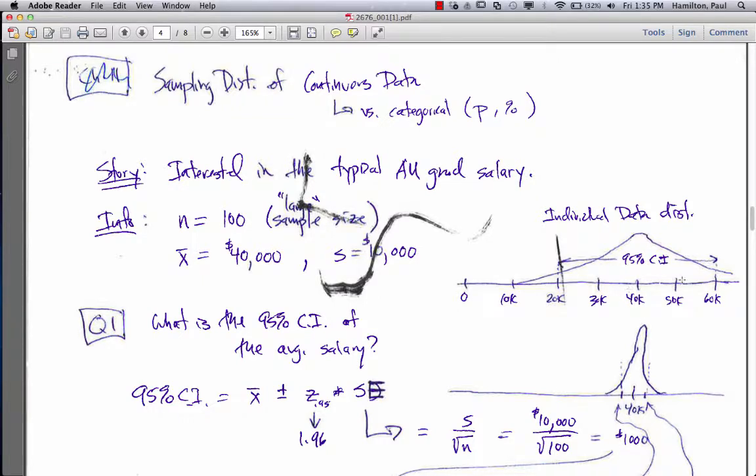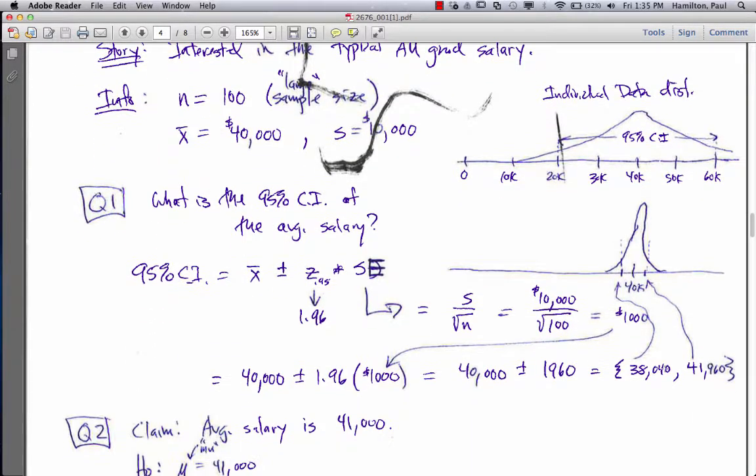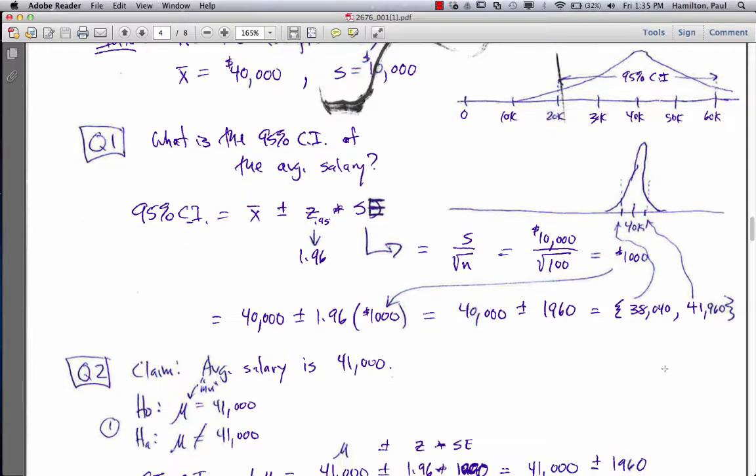Within that sample, we're going to get some high ones, but with 100, there's going to be quite a bit of averaging, so to speak. By chance, occasionally we might get 43,000 or 38,000, but we're not going to get the extreme values we would if we only asked one person. So that's the idea here.